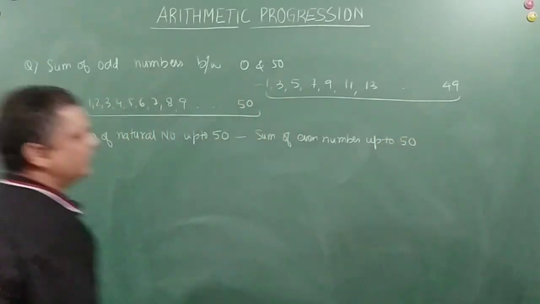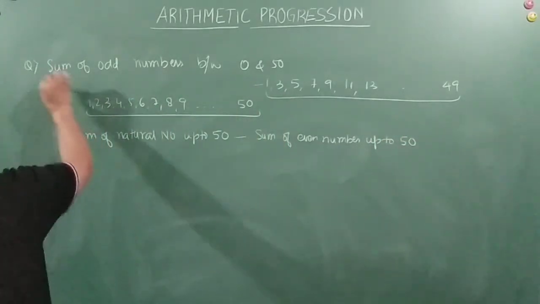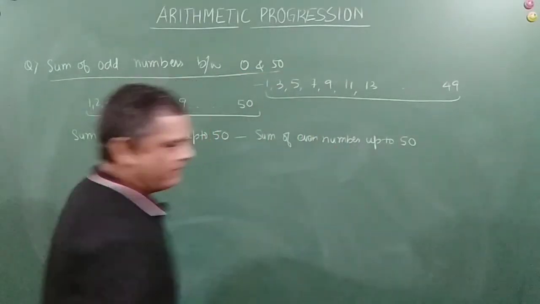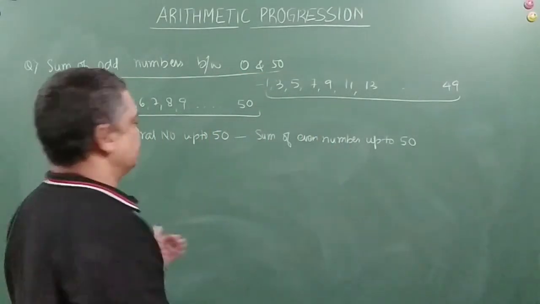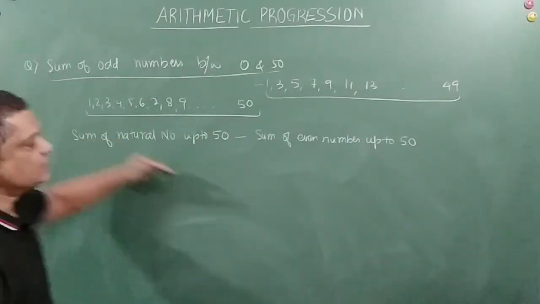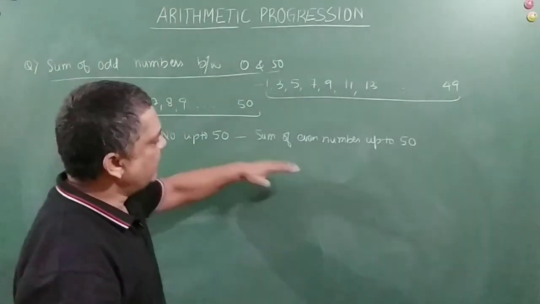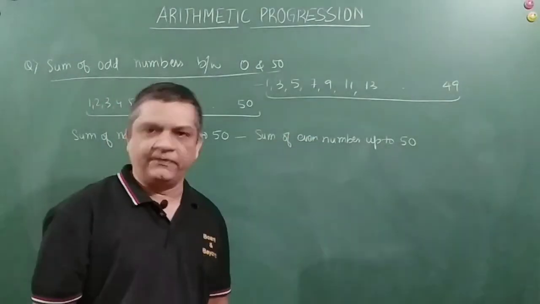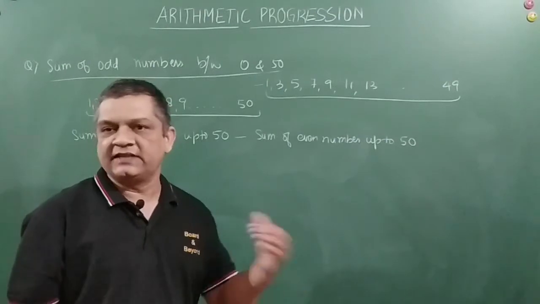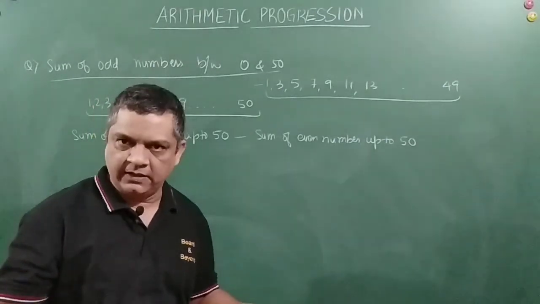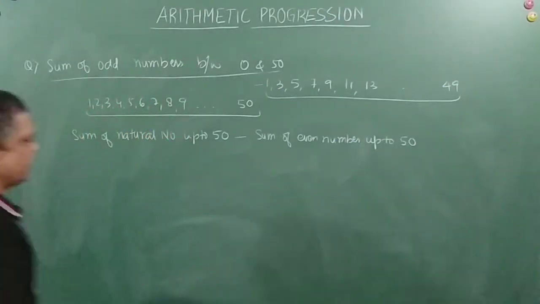You are getting it? If I want to find out the sum of odd numbers between 0 and 50, I can express this in the form of sum of natural numbers up to 50 minus sum of even numbers up to 50. Because 2, 4, 6, 8 all will get subtracted from there. Right? Some of those values will be subtracted.